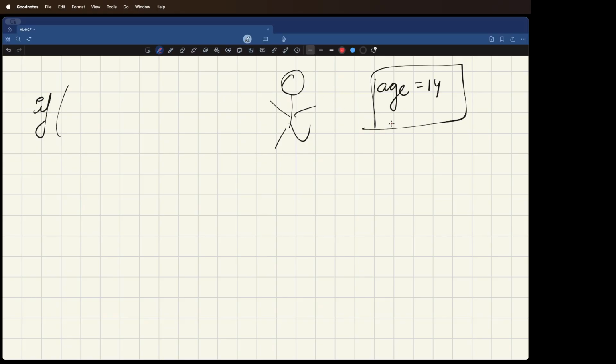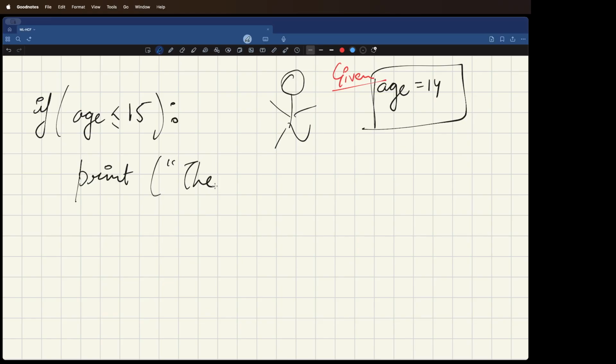So the given condition is that the person's age is 14. If age is less than or equal to 15, then print the person is in school.